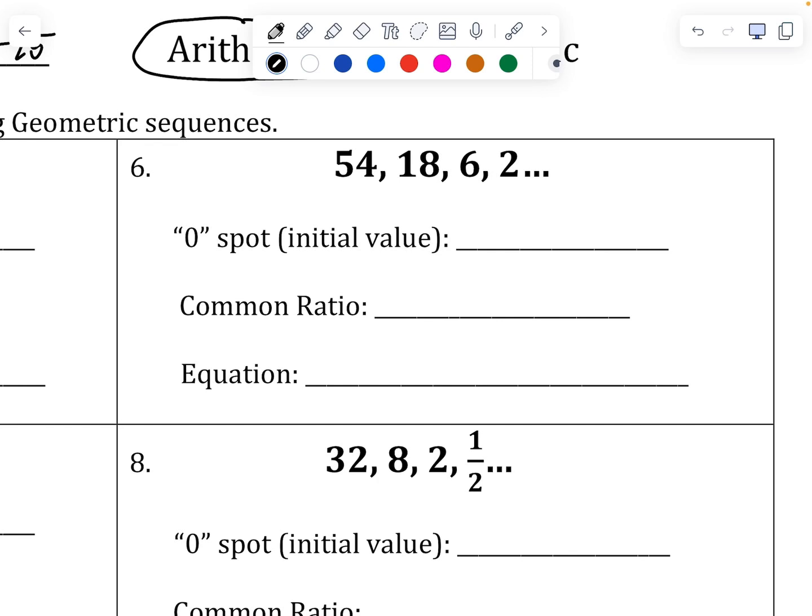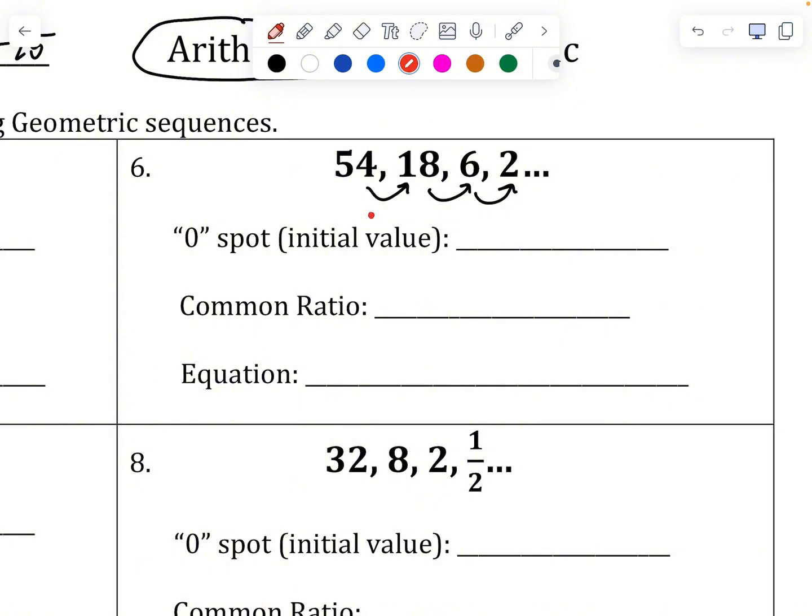Okay, so let's go with Adziri. For number 6, what is the pattern? Tell me the operation. So adding, subtracting, multiplying, or dividing. Multiplying by what?